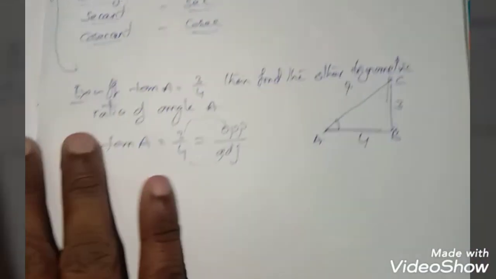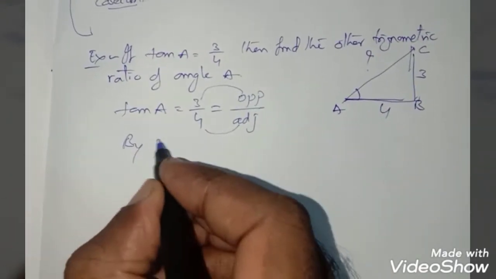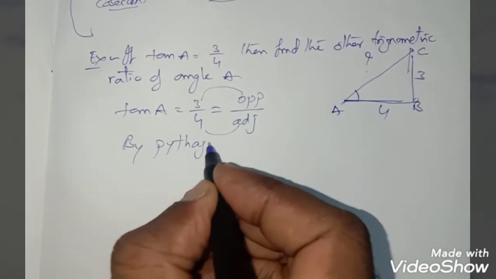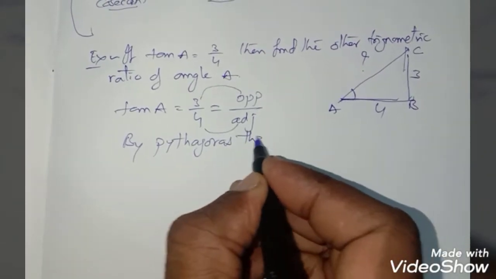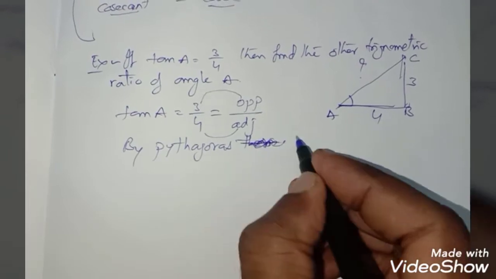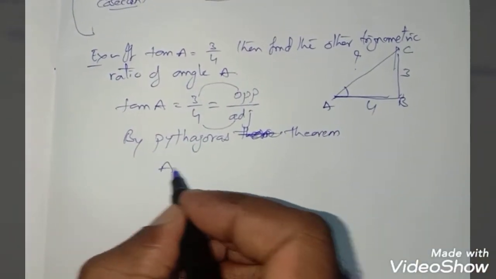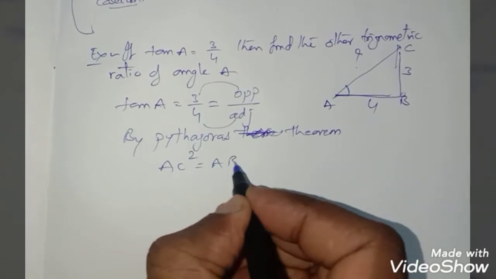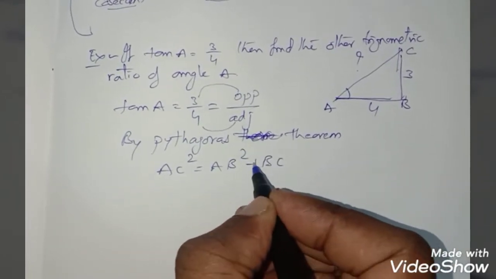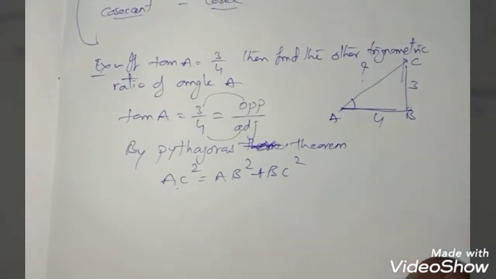So to find hypotenuse, we have a formula by Pythagoras theorem. We know that AC square is equal to AB square plus BC square. Means hypotenuse square is equal to sum of the squares of other two sides.